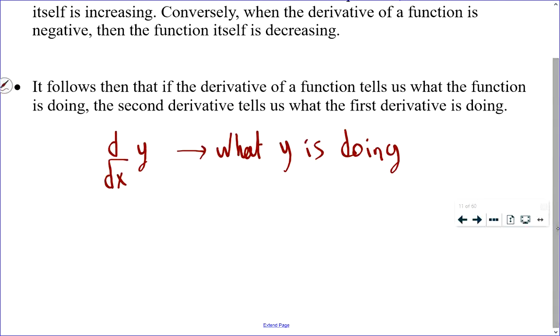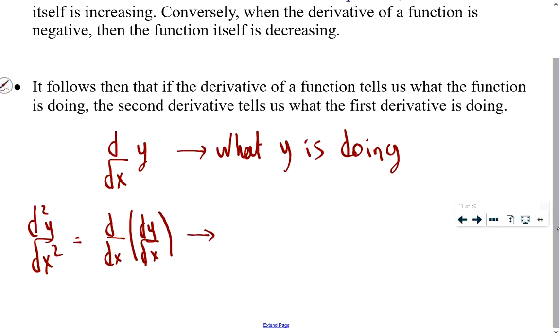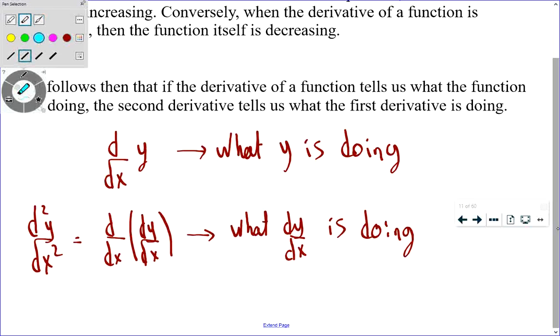The second derivative is the derivative with respect to x of the first derivative. So it tells us what the first derivative is doing. Whatever you are taking the derivative of, the derivative of that thing tells us what's happening to it.